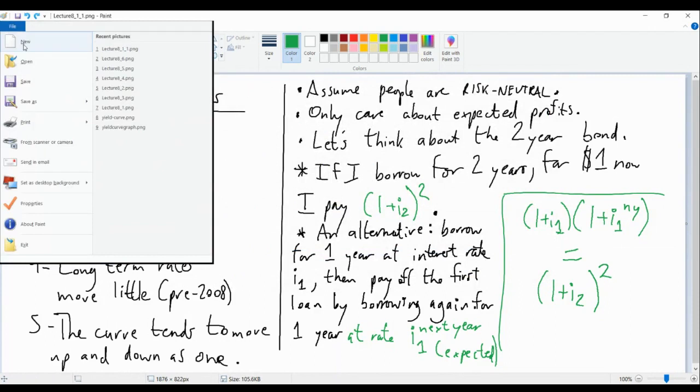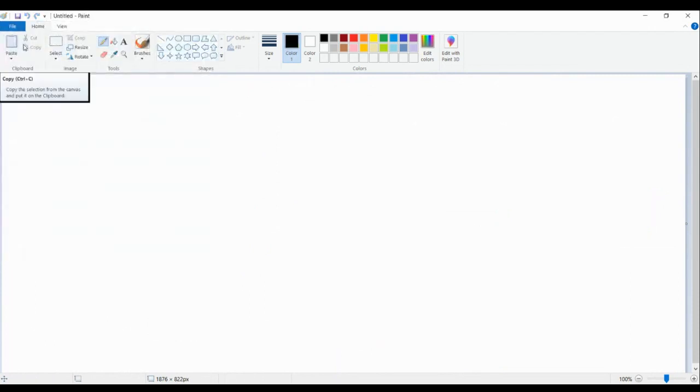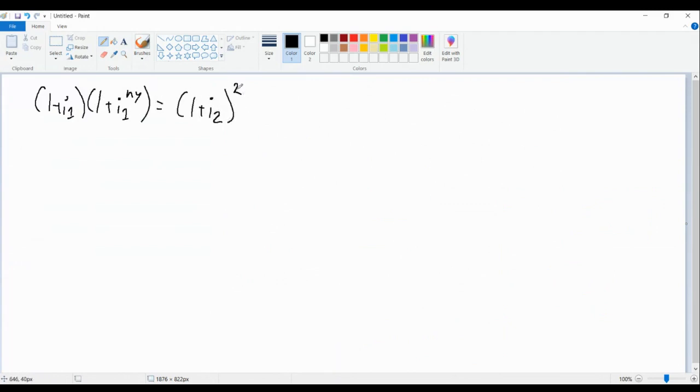Which is the following. I'm going to write that equation over here. It was, again, 1 plus I1 times 1 plus I1 next year equals this. What I'm going to do is some operations here that hopefully will end up giving us something much more intuitive than this probably is. To do that, let's expand this.